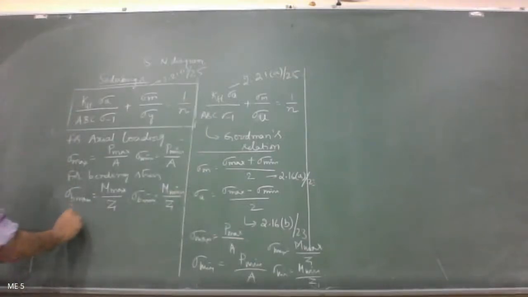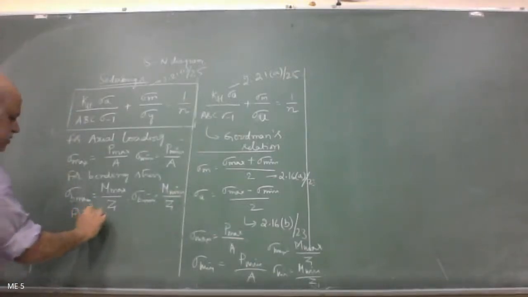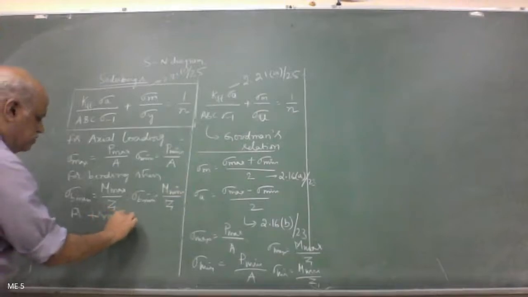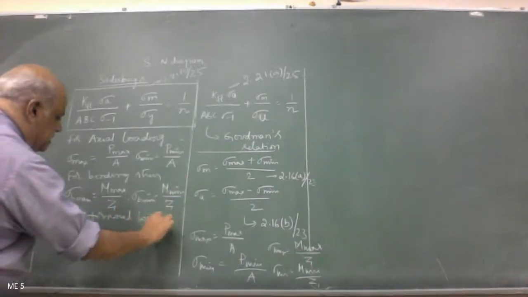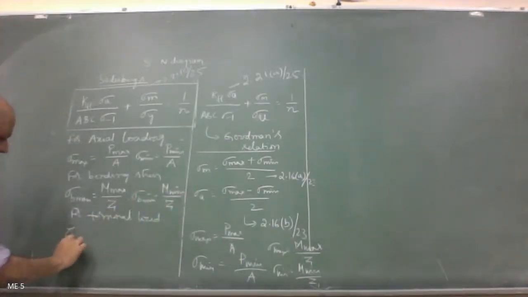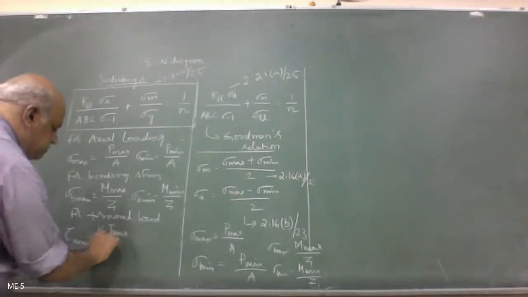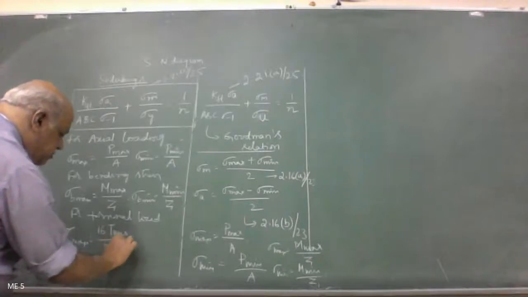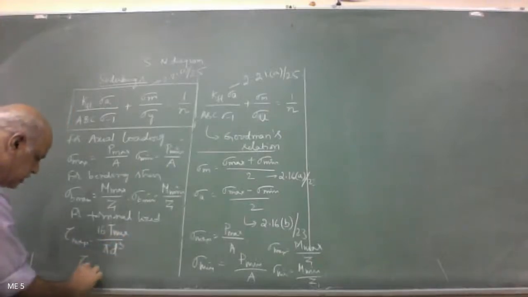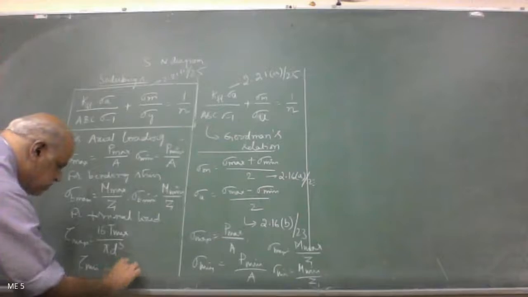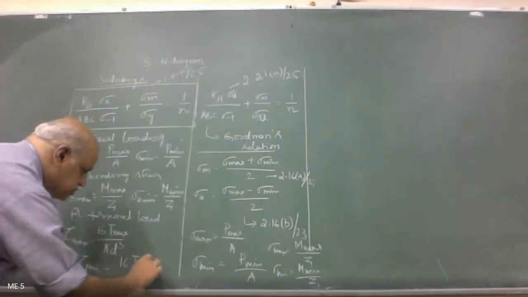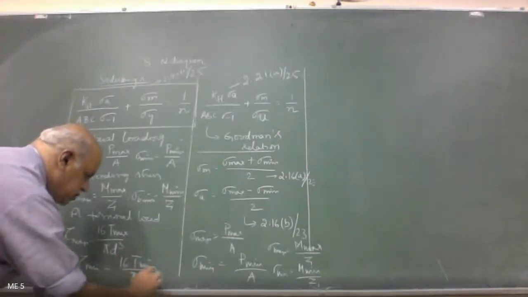And then for torsional loading, what do we get? Tau max will be equal to 16 T max, the maximum torsional moment, divided by pi d cube, and tau minimum will be equal to 16 times the minimum torsional moment divided by pi d cube.